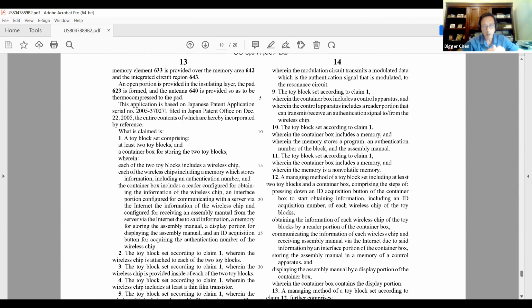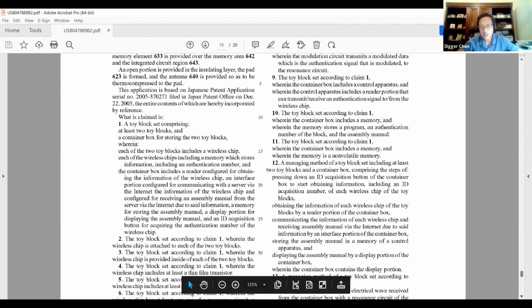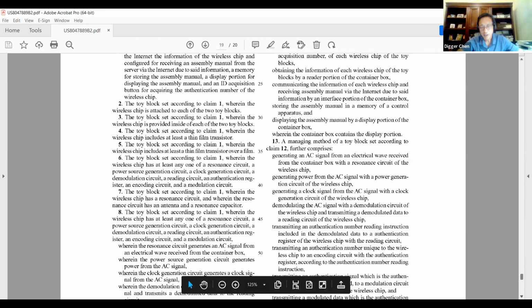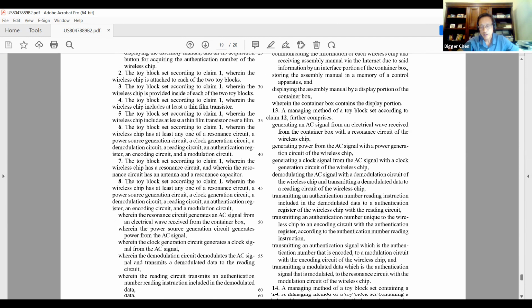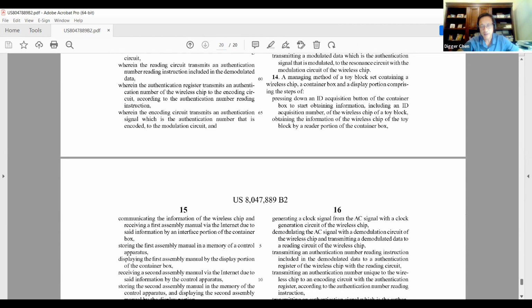Now we come to the most important part of the patent, which we call the claims. You can see what is claimed is number 1, a toy block set comprising and so on. And then number 2, number 3, number 4. So they have 15 claims. Claims are the center, essential to the patent.